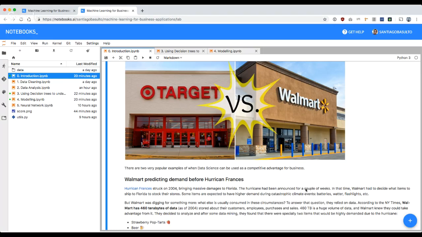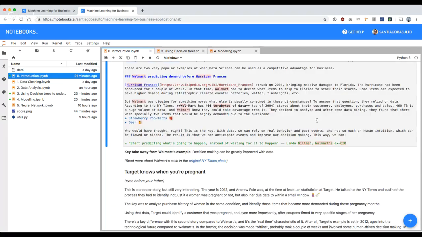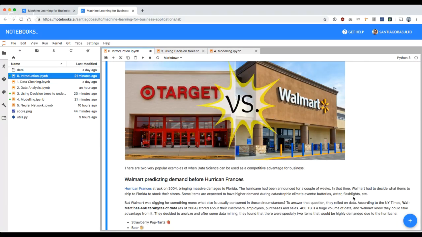Of course we have the usuals: batteries, water, flashlights, etc. By the way, this is all markdown, so you can also modify it. I can even fix this right here. Water, flashlights, all those things that you could be needing if a big storm is about to strike, especially with power going out.